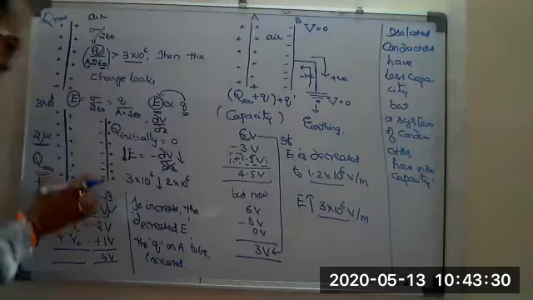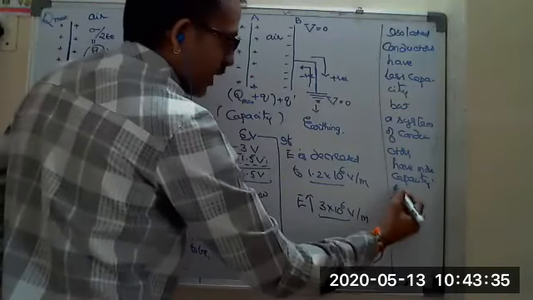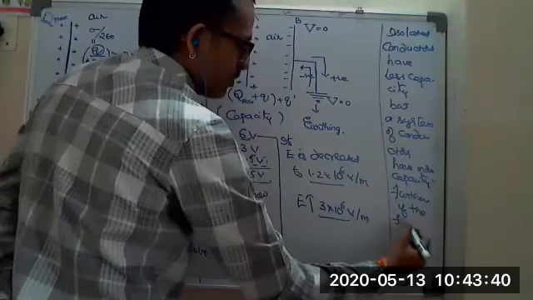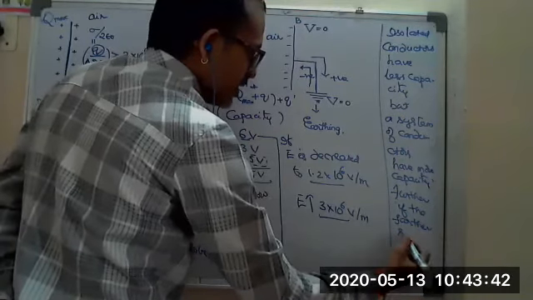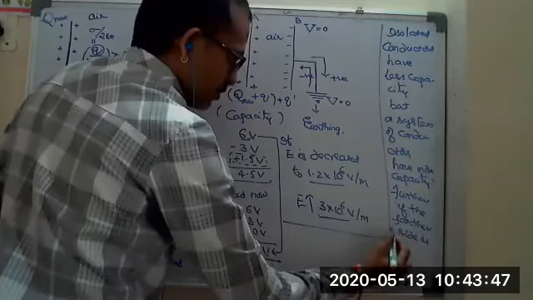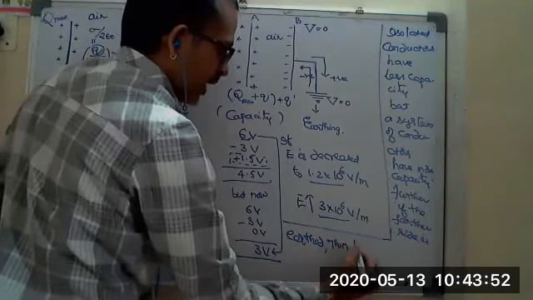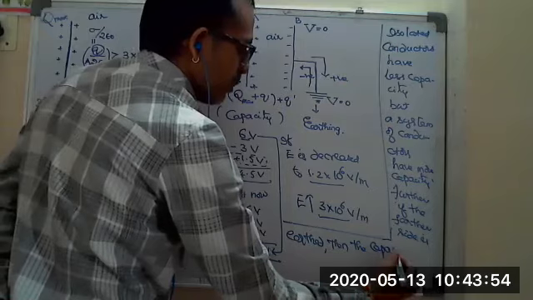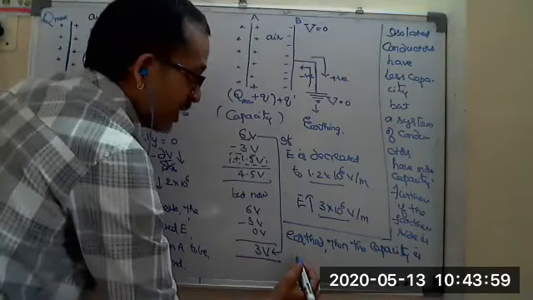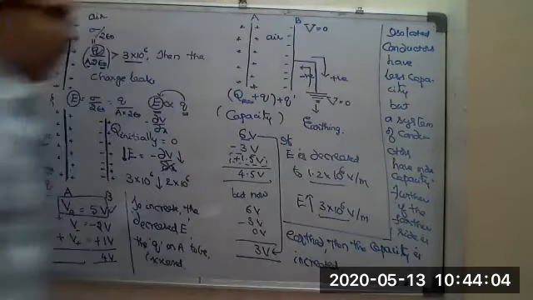And again, in that system of conductors, if the farther side is earthed, then the capacity is maximum, increased.